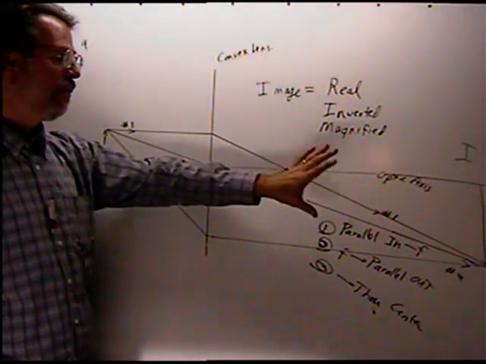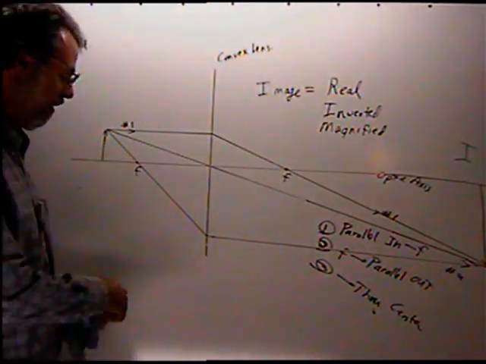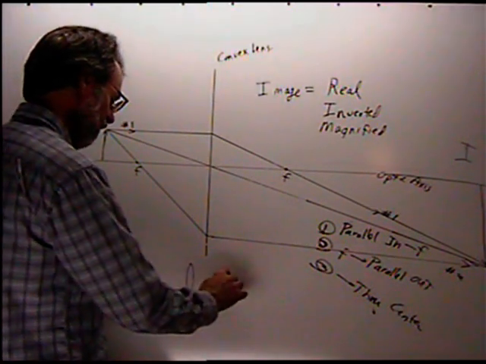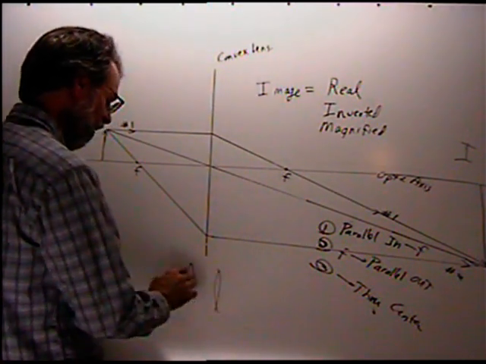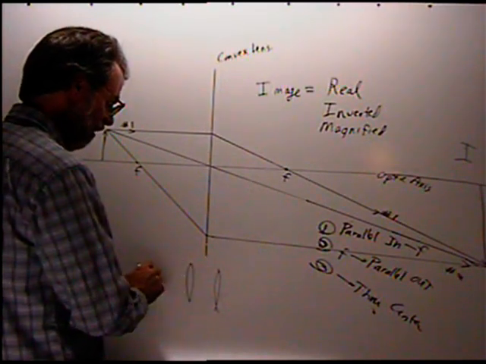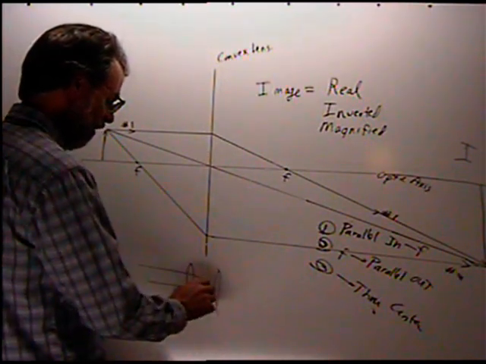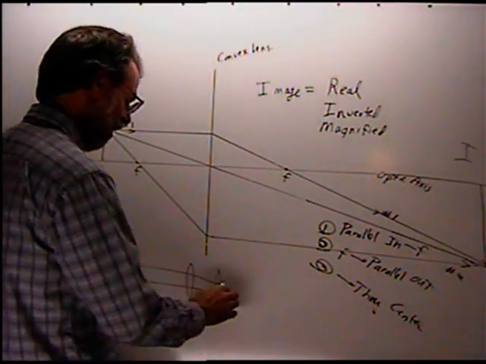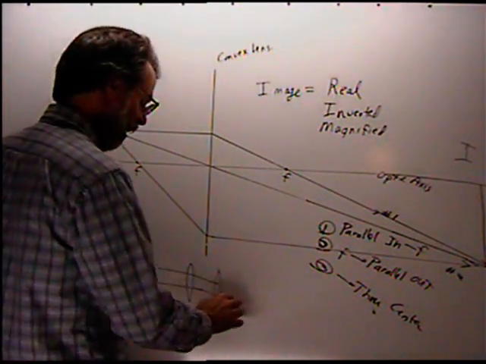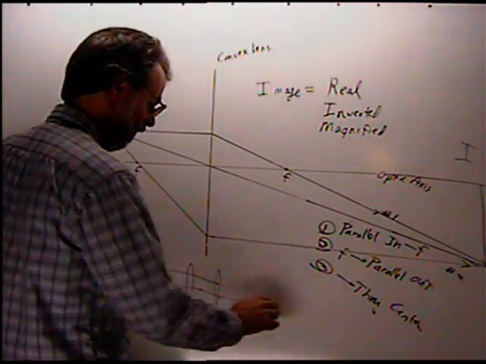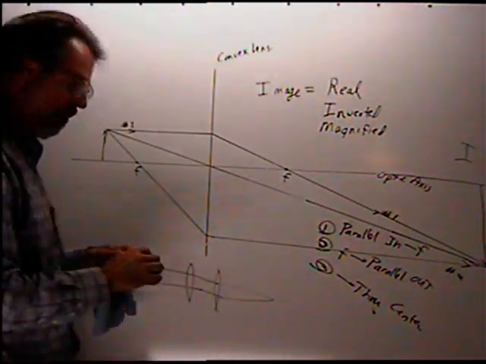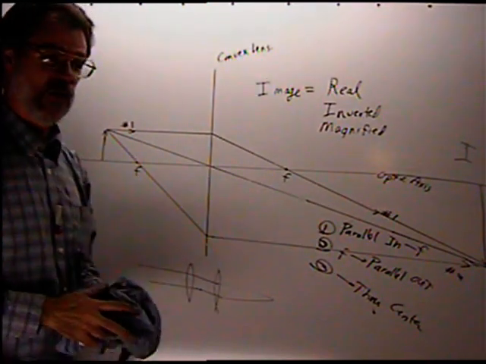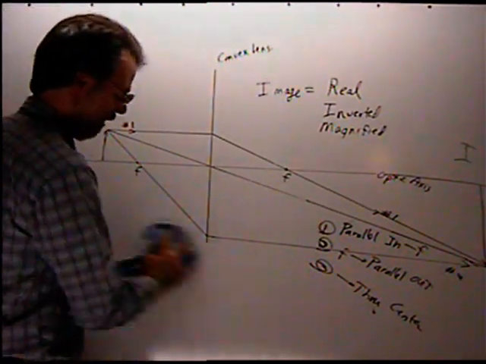Okay, so how do you invert it, make it upright? If you have two lenses together, basically the first lens inverts the image, the second lens makes it upright, so if you have two lenses, the image will become upright again if you get the focal lengths correct.